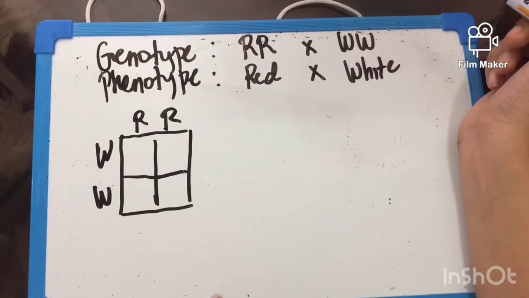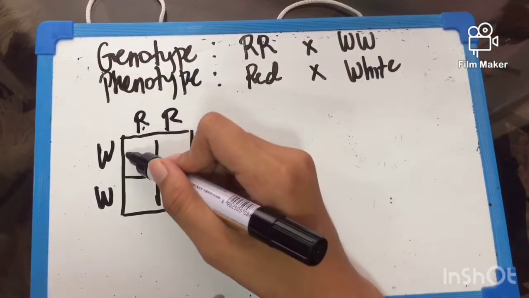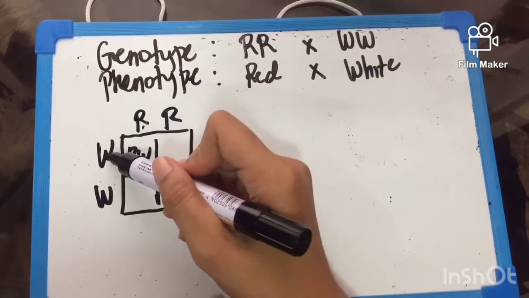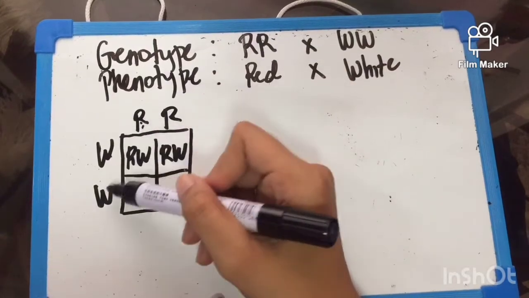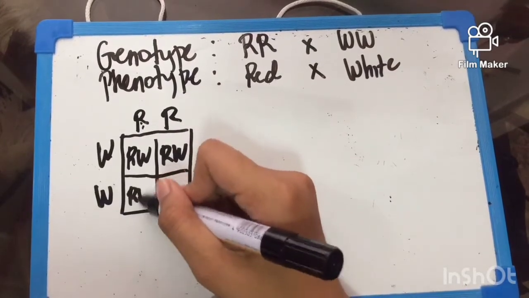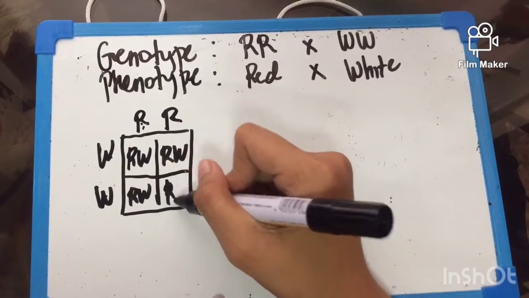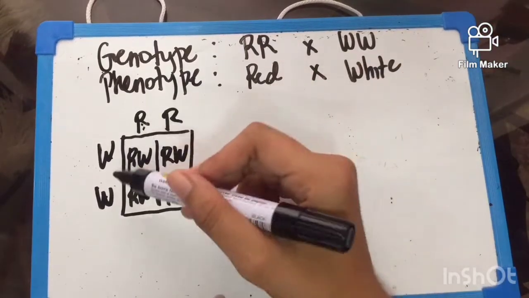So now let's solve the Punnett square. RW, so this will become RW. RW, RW, and this one is also RW. So these are the possible offspring for red and white.